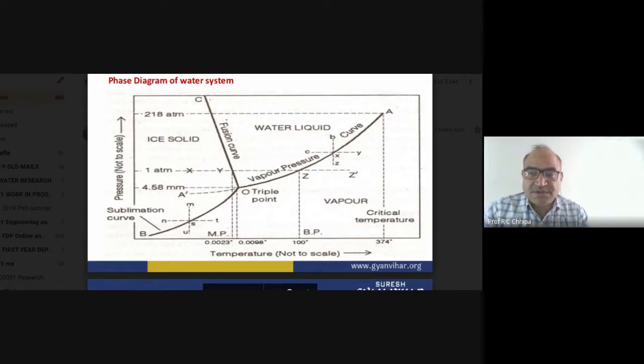So what about that certain point? Here we are marking it O. Three different curves meet each other at that point, so that is the triple point.